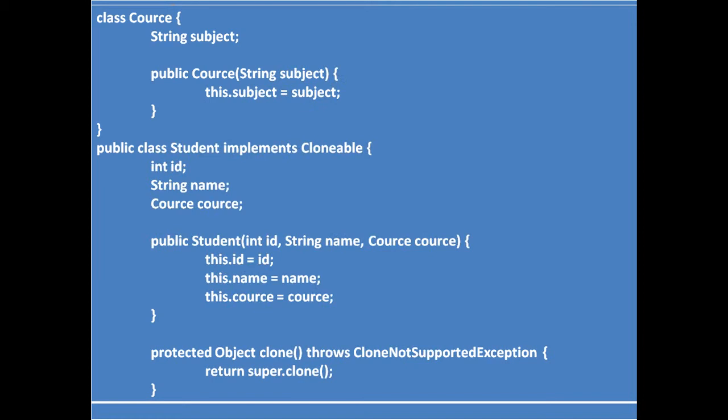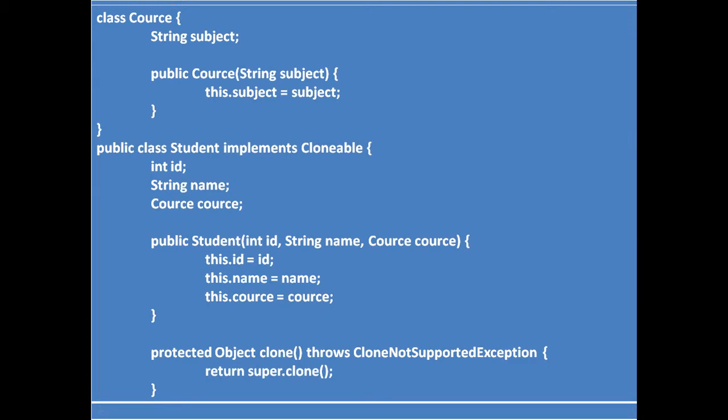Now we will go for the example. So here we create the Course class, and in the Course class we define a String type subject, and we create the constructor to initialize the subject. Okay, now we want to create the clone copy of the Student class.